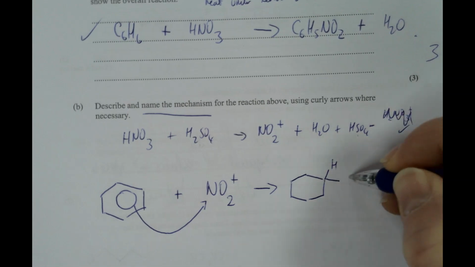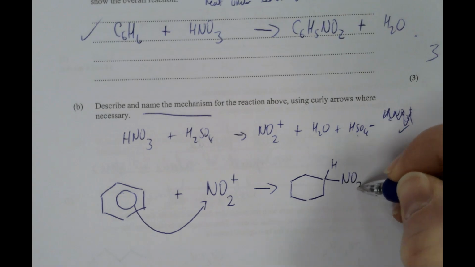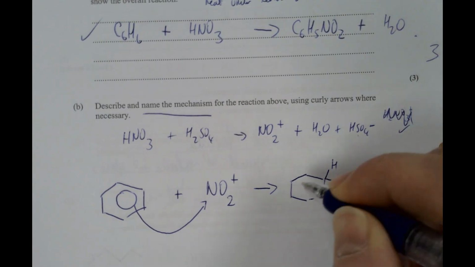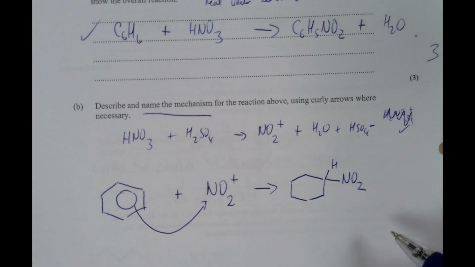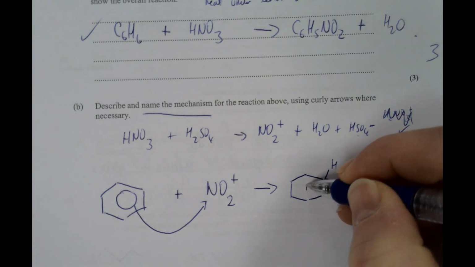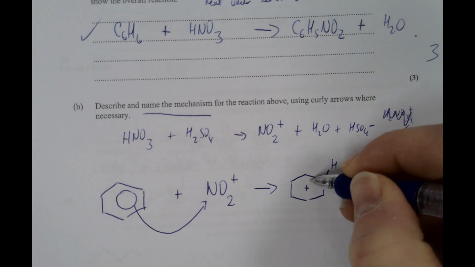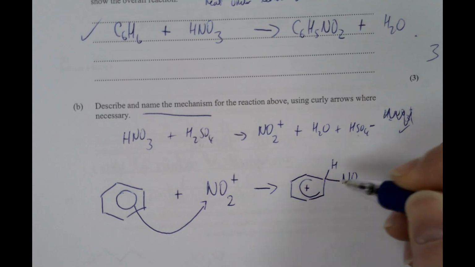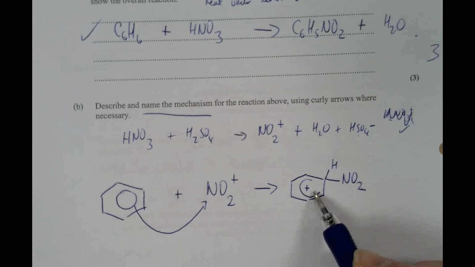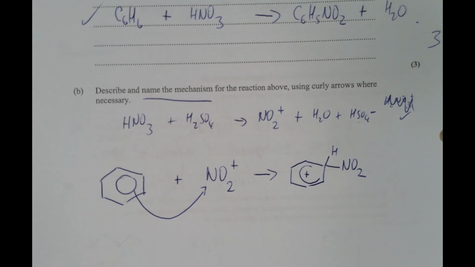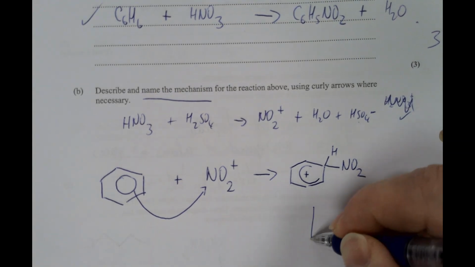So we've got the carbon that's got a hydrogen and now an NO2 on it. Some people drew a plus up here, which is wrong. The plus is now in the ring, and we've got to draw a semicircle to it with the opening of the semicircle pointing to the carbon that's got 4 things on it to get the mark there.